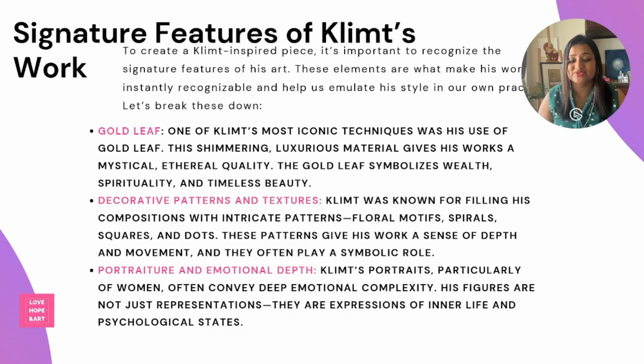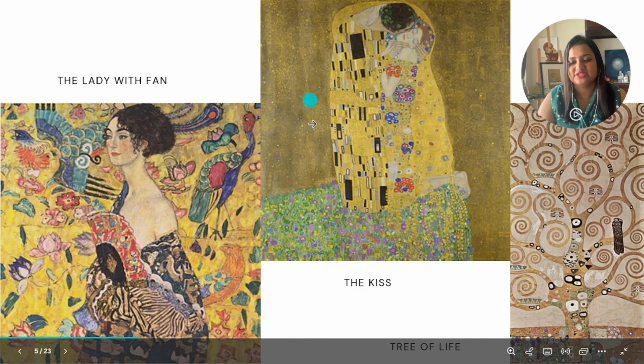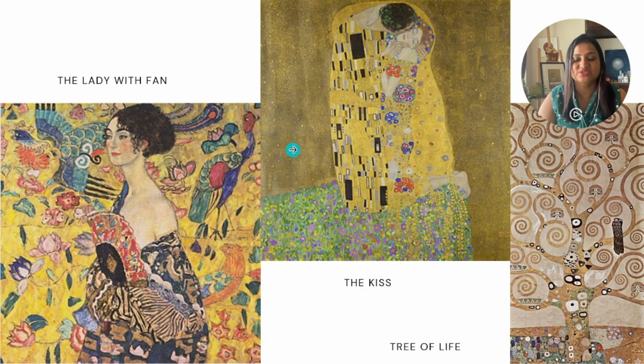So his figures were not just representations, they were expressions of his inner life and psychological state. So here you can see his classic work, which includes the gold foil like The Kiss, the spiral elements, the floral details, and the intricate geometrical patterns that he has included in his background as well as in his artwork.